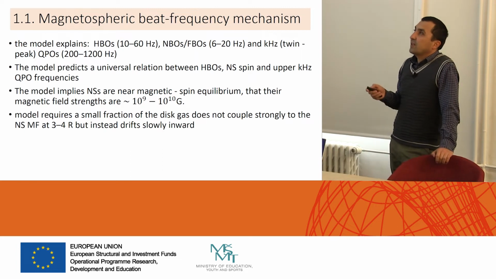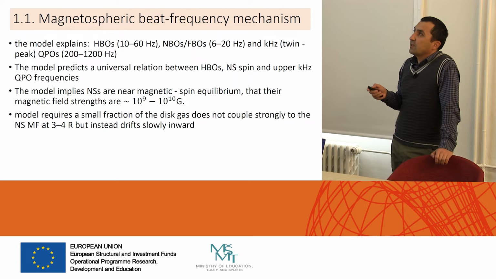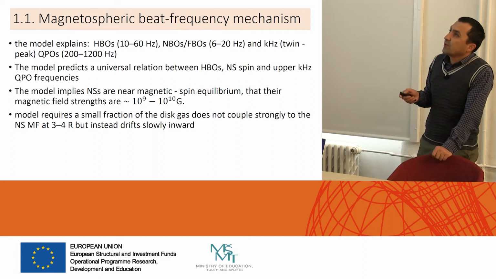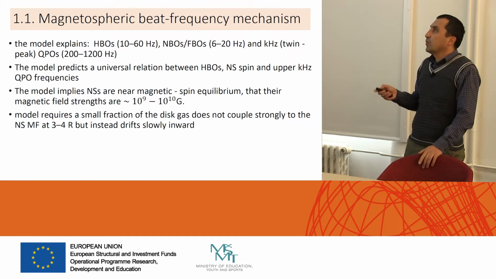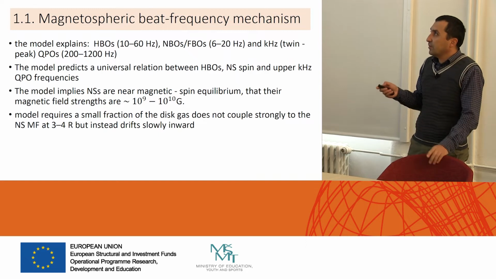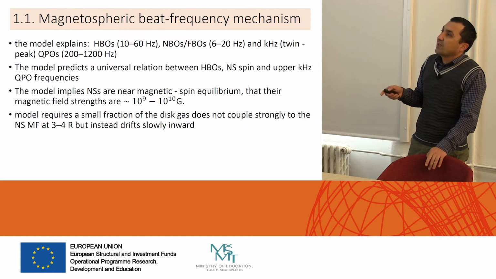This mechanism explains horizontal branch oscillations, normal branch oscillations, and kilohertz twin-peak quasi-periodic oscillations. This model predicts a universal relation between the high-frequency horizontal branch oscillations, the neutron-star spin, and the upper frequency QPOs.